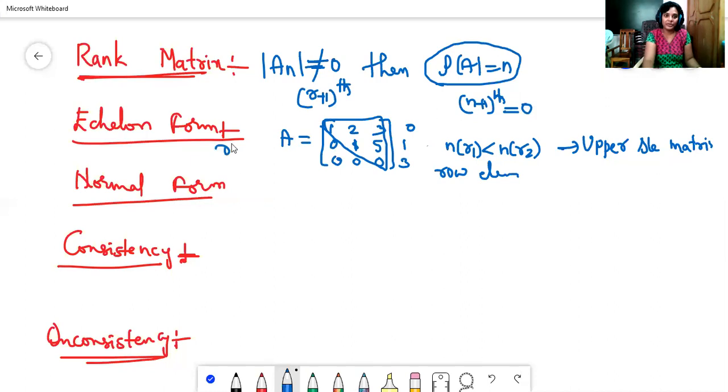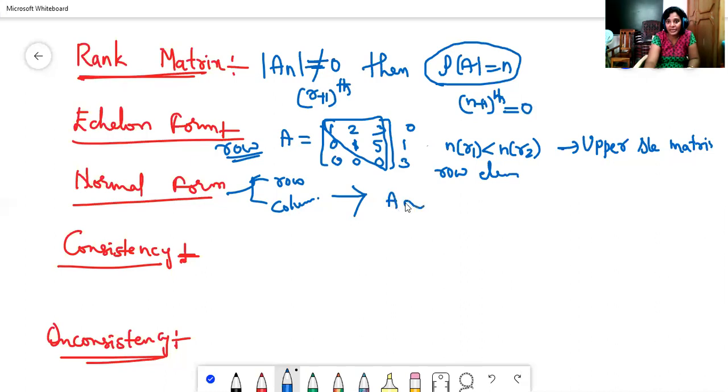In this we are using only row elementary operations. In the normal form, we are using row and column elementary operations. Okay. Normal form is nothing but, by using row and column operations, the given matrix A is reduced to the identity matrix.